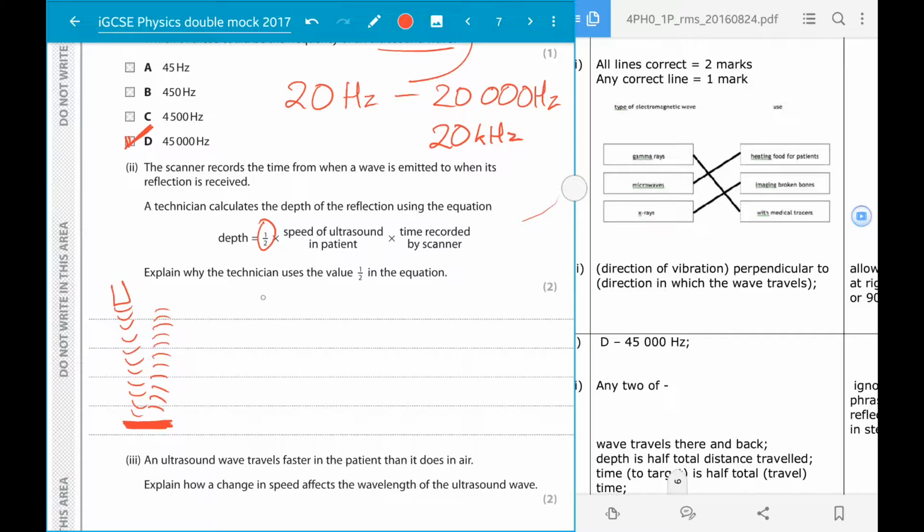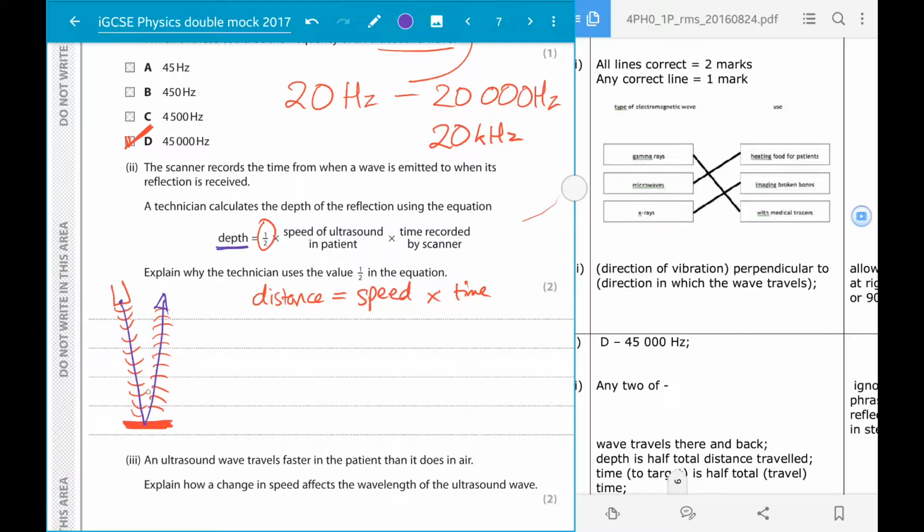So if I write down distance equals speed times time, the distance is the distance that the wave travels, from here to here and back, which equals the speed of the wave multiplied by the time it takes. And that equation is correct. So why is the half used? Well, because you're only trying to find out the depth.